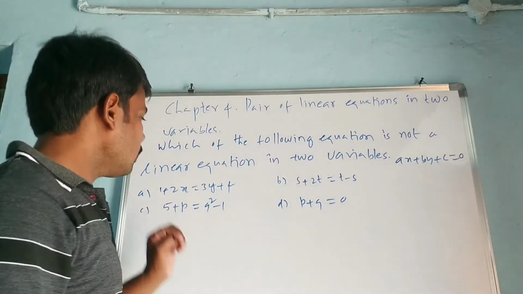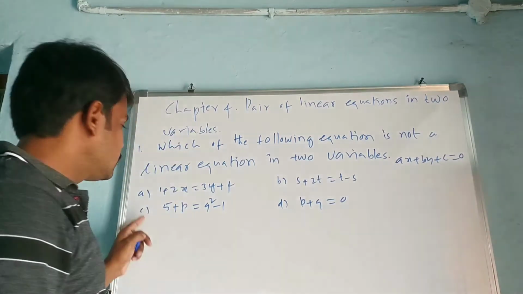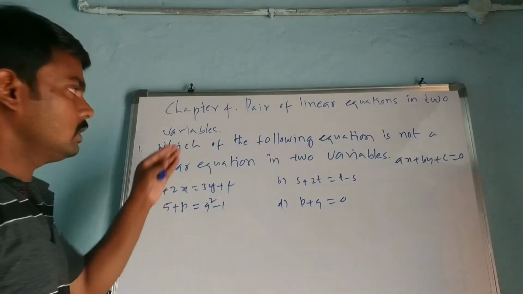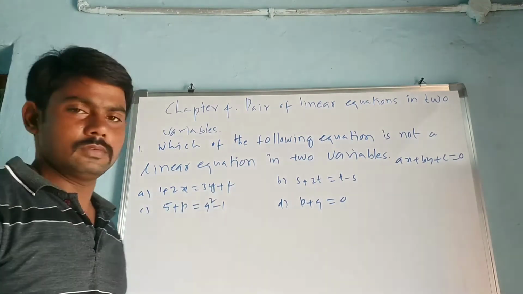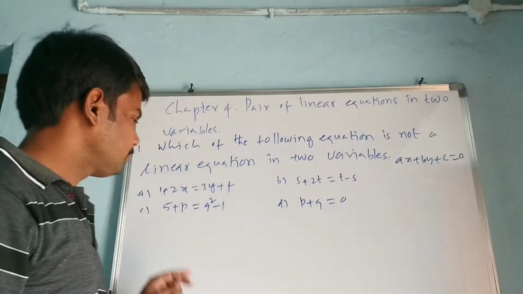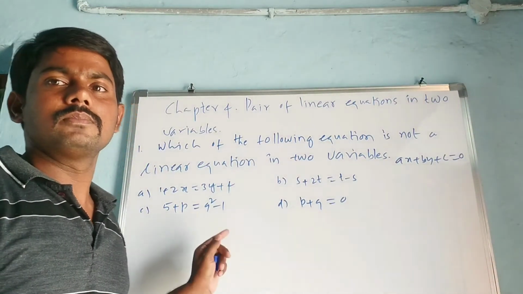So the solution for this question is C. Option C is the answer: 5 plus p is equal to q square minus 1. Why? Because it is not of the form ax plus by plus c is equal to 0.